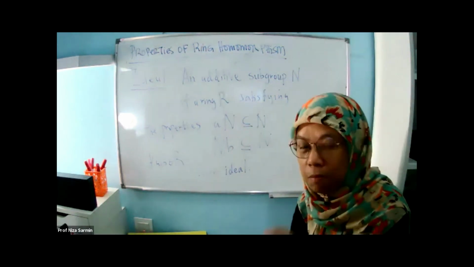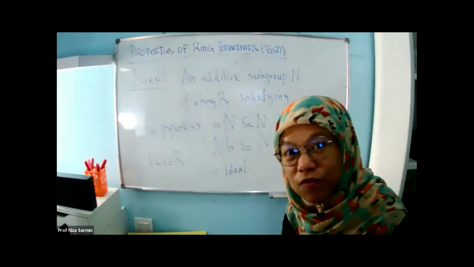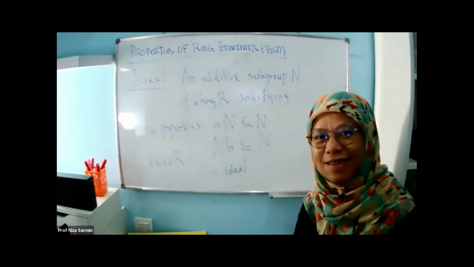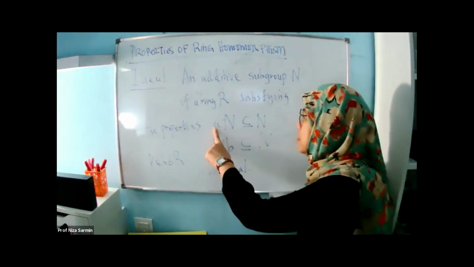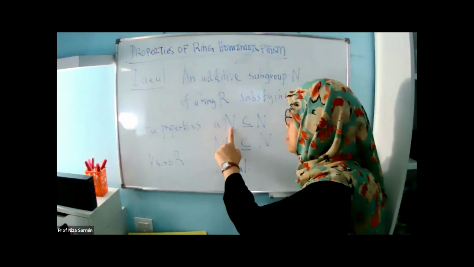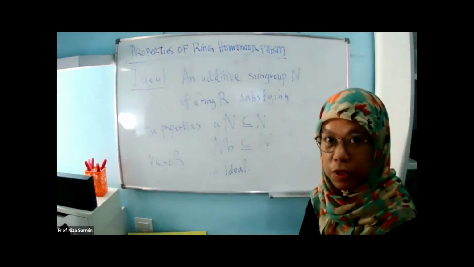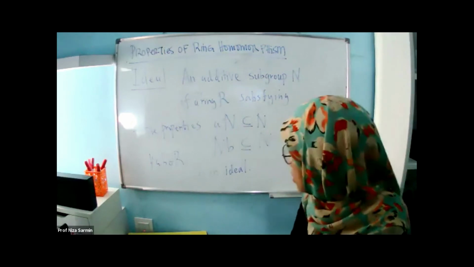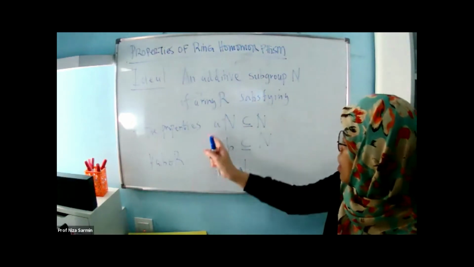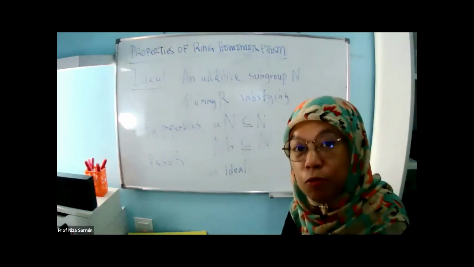So you can think about integers, right? Or even integers. If you multiply any even integer with this, it's still even, for example. So this is an ideal on the left or on the right, because sometimes rings are not commutative.